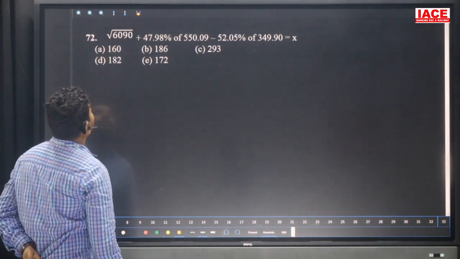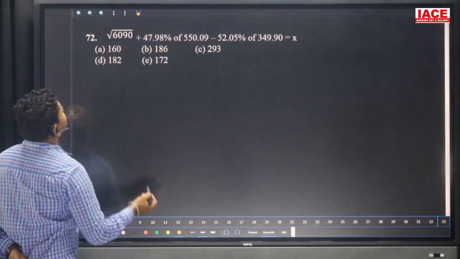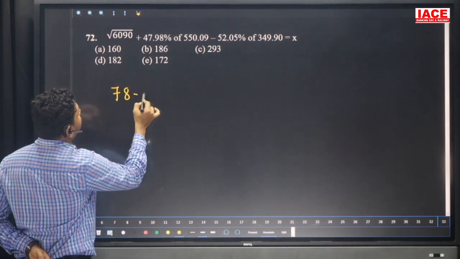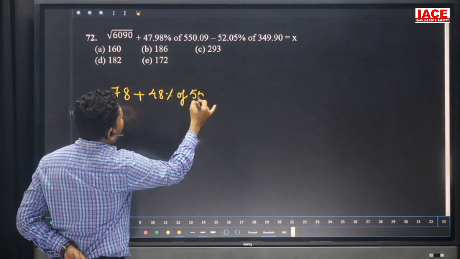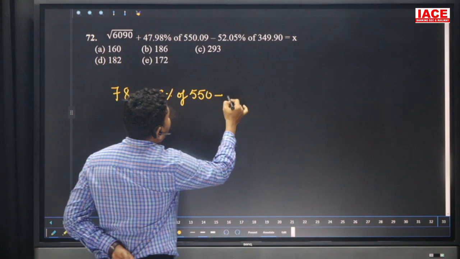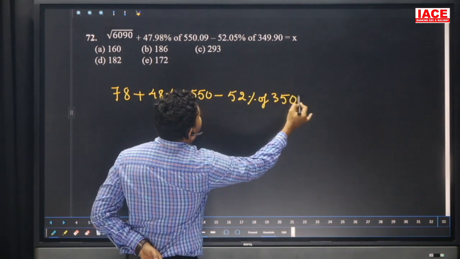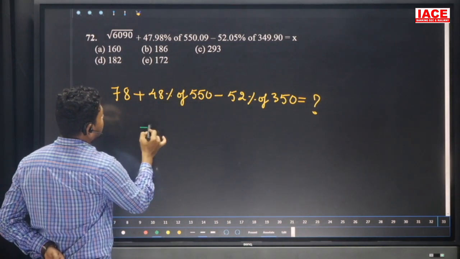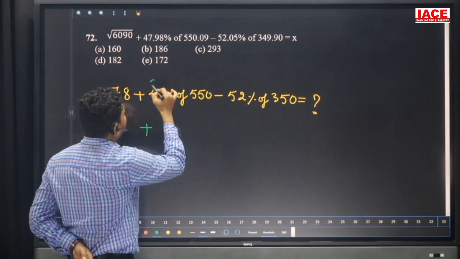Next, root of 6090. Here the square of 80 is 6,400. Near to 80 and less than 80 is 78, plus 48 percentage of 550 minus 52 percentage of 350, which is equal to question mark. This calculation is required. 78 as it is, leave it. 550 and 48 percentage, so look at it, it is 24.